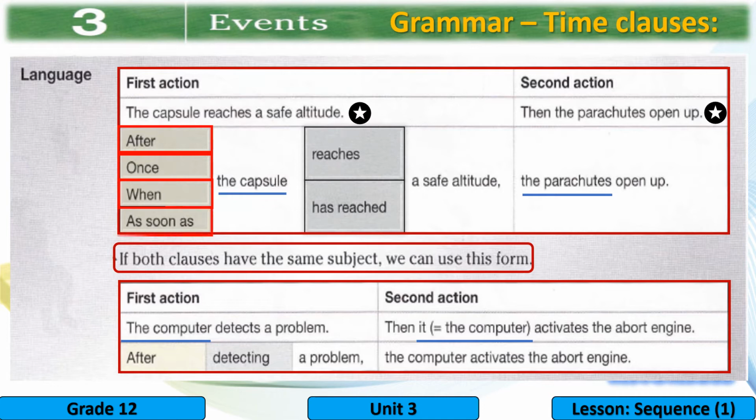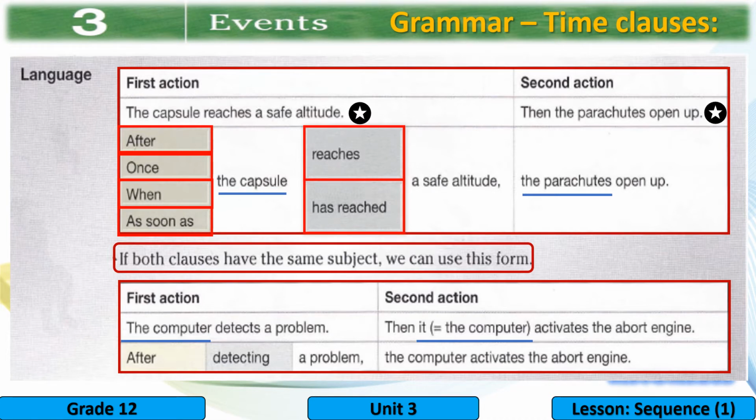And number 4, as soon as. You will find that in this clause we have the subject, the capsule. And you will notice that the verbs are either present simple, reaches, or a present perfect tense, which is has reached.